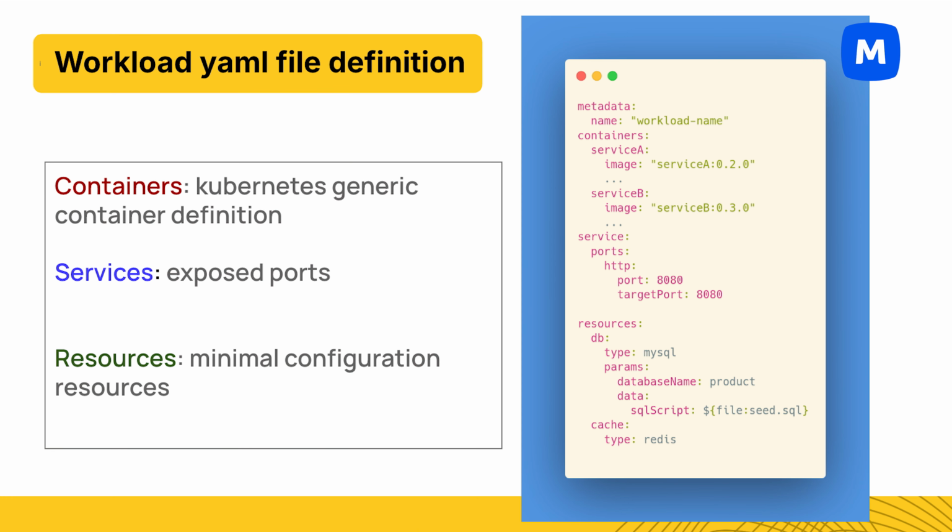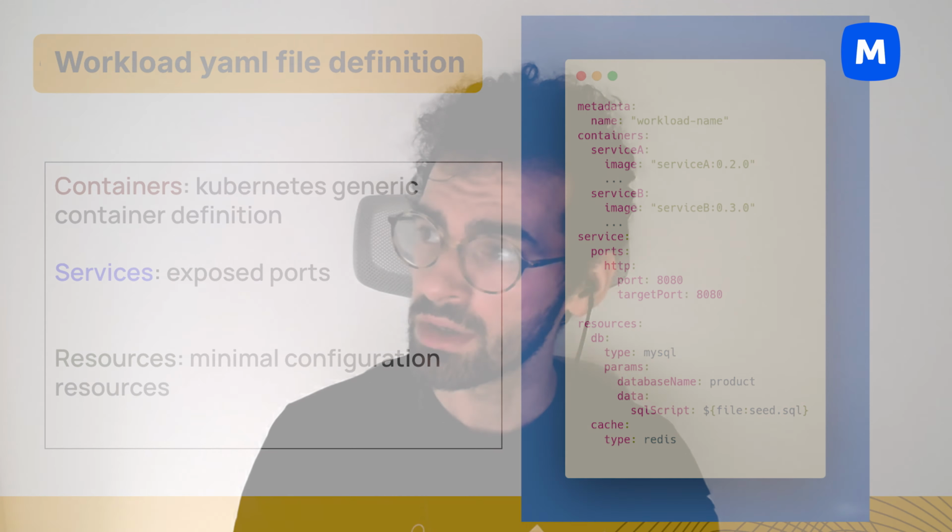Then we have the resources itself. This is where the more complex part is, because here you provide very little information and end up with a lot of complex resources being created. And this is kind of where the value of this tool is as well, because a lot of these resources, you don't care about. You want the database there.